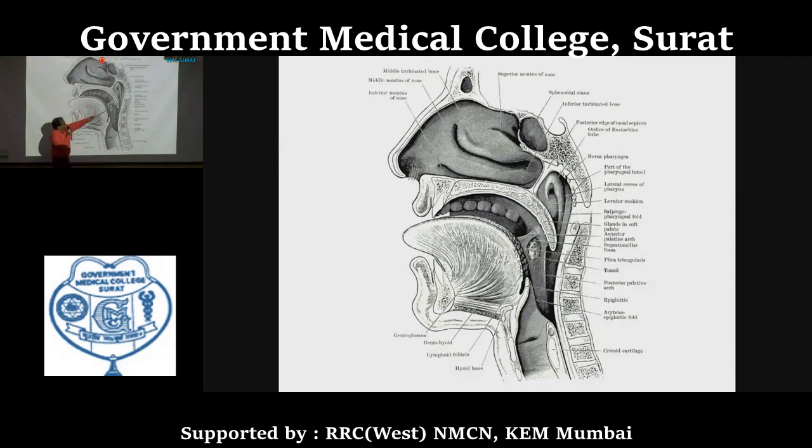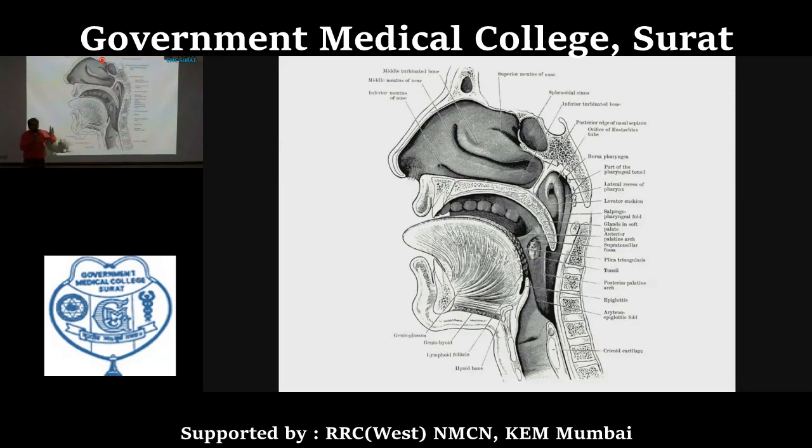And downward up to the level of the lower border of the cricoid cartilage. And the vertebral level of this lower border of the cricoid cartilage is C6, the sixth cervical vertebra. So this is the vertical extension, from the cranial base to the lower border of the cricoid cartilage.